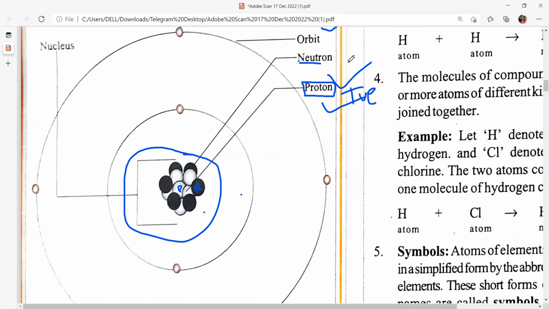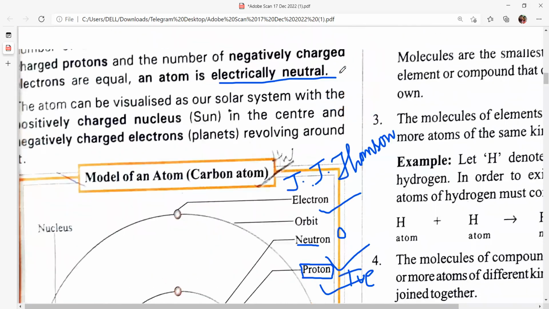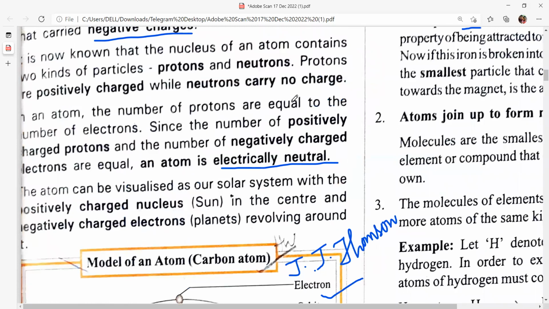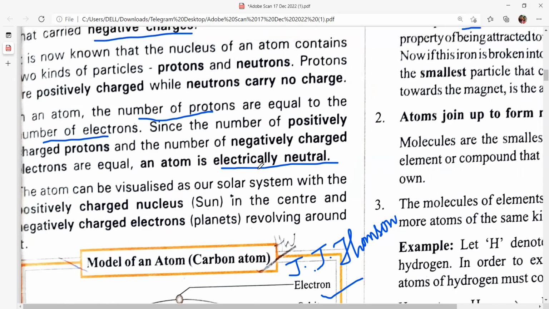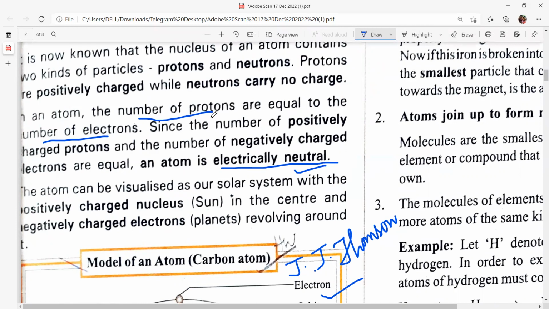Neutrons have zero charge or no charge, neutral particles. And the number of protons is always equal to the number of electrons in an atom. In a neutral atom, to make the atom electrically neutral, the number of protons is equal to the number of electrons.